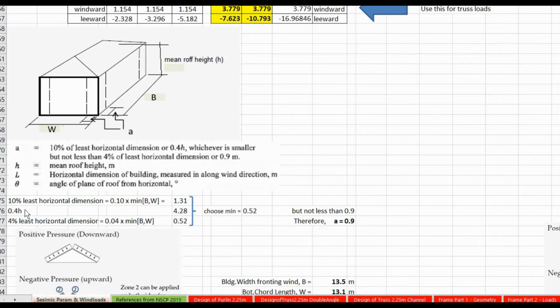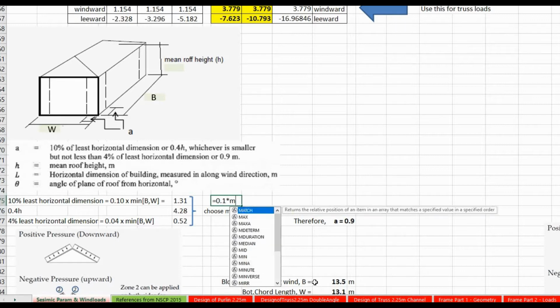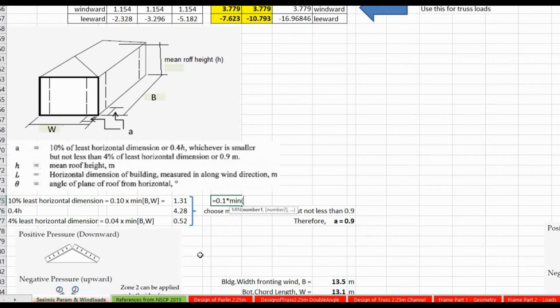So A is 10% least horizontal dimension, or that is in Excel 0.10 times the minimum of B or W. Okay, so that is 1.31. Una, that is 0.10 times minimum, open close parenthesis.